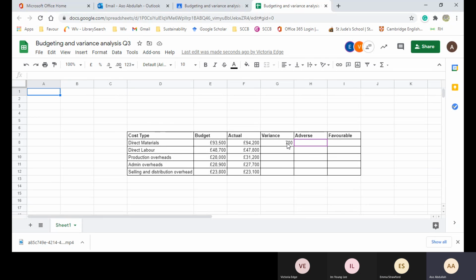There is no limited or maximum figure. So obviously in this situation, because direct material expenses, our budget is greater than actual, so it's just if it's one way or the other. Okay. Thanks. So in this situation, yeah, well done.